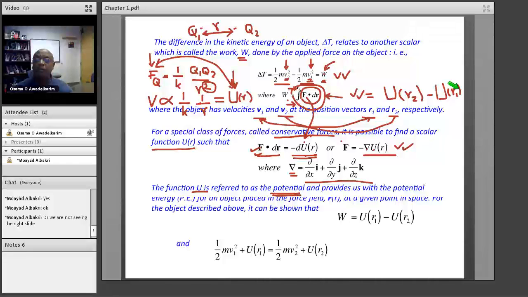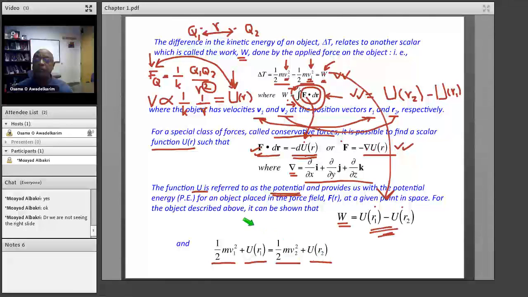So what happened in this case, W, which is the work done here, becomes the difference in the scalar potential at position 1 and position 2. So we can put this relation here instead of W, right? And then we can rearrange the equation and say the kinetic energy in position 1 plus the value of the scalar potential in position 1 is equal to the kinetic energy in position 2 plus the value of the scalar potential in position 2.